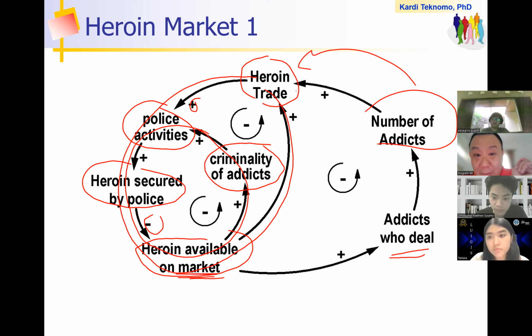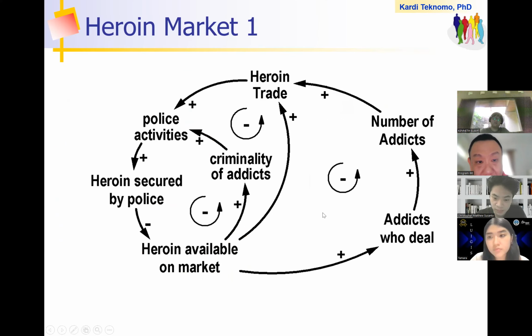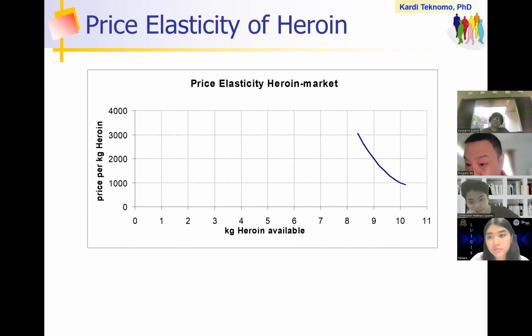And what is the policy variable here? What can you do here? Which one is the policy variable, something that you can act on? Police activity, right? So in this example, the police activity is something that you can do, your policy, correct? So let us see here.